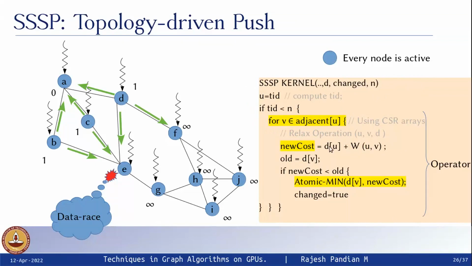Basically we compute the new cost from whatever we have computed for u plus that corresponding edge, and check whether that new cost is lesser than the old cost. If so, then we update the distance of v. Again, we have to use atomics here because there is a data race, otherwise we'll get into issues.